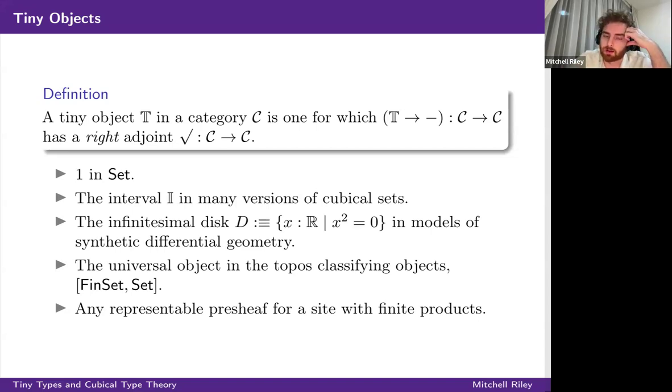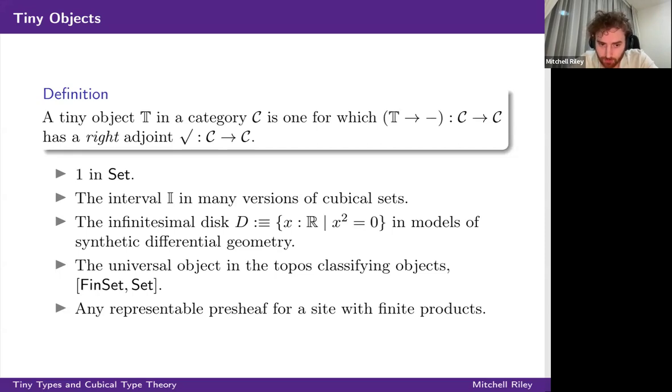There is a type called the infinitesimal disk, which is all of the real numbers which square to zero. Now, this certainly contains zero itself, but also some sort of infinitesimal fuzz. And this type altogether is tiny.